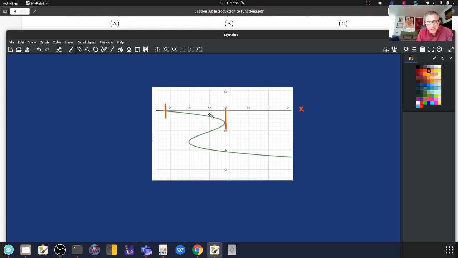Still not perfect, but there are all kinds of vertical lines I can draw between there that will intersect the graph of this relation in more than one place. So in this case, not a function. I just wanted another example to give you.